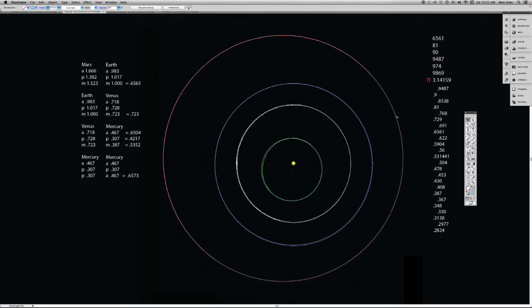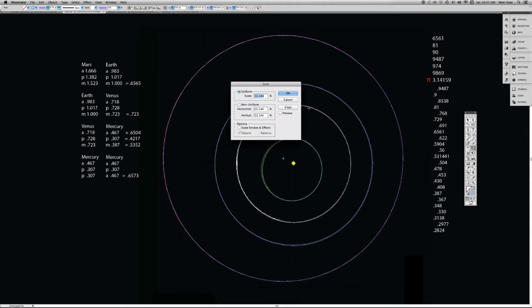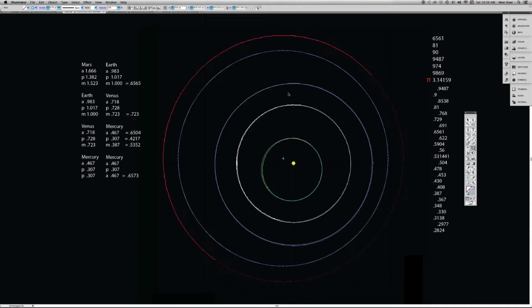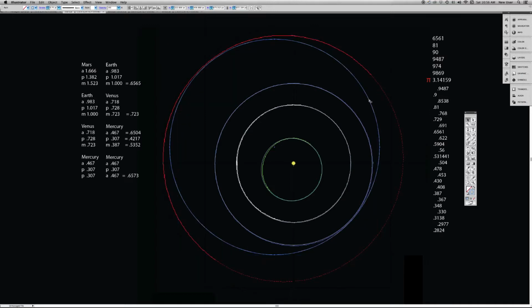And anyway, the transverse circle between Mars and the Earth was 876. Brought to you by the crop circles.